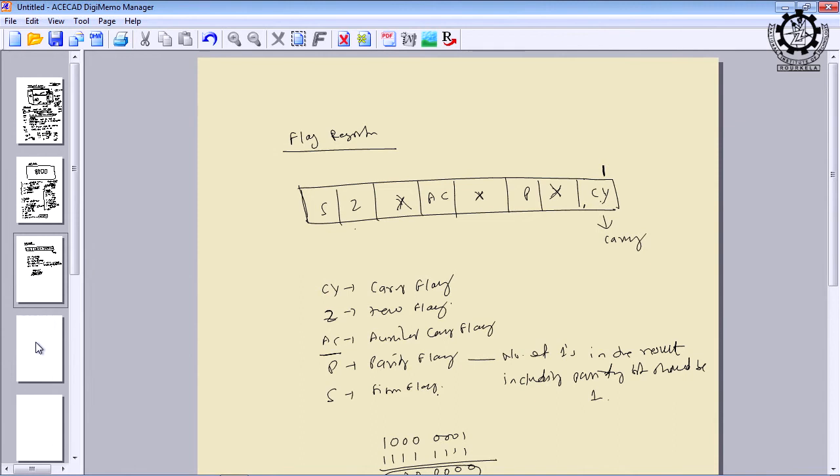Okay. So, what is the zero flag? This particular bit position will be 1 when the result of the operation is 0. For example, I am subtracting 5 from 5, the result is 0. This time the zero flag will be set to 1. So, what is the use of this zero flag? Suppose you want to initialize a register, to make that register contain all zeros, you can make use of this.